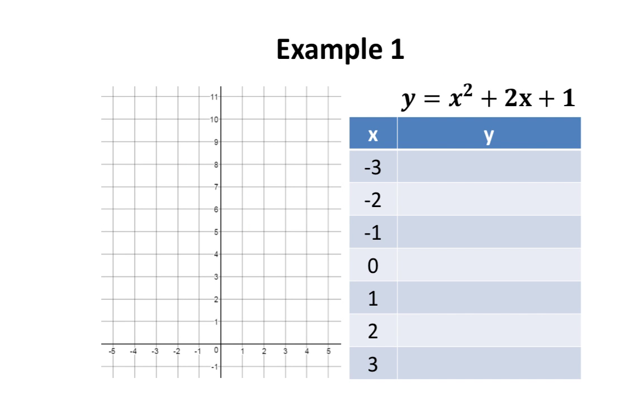In our first example, you can see that we have a quadratic relation in standard form. Let's just label that standard form. We want to graph this quadratic relation by filling out this table of values. So let's go ahead and do that.